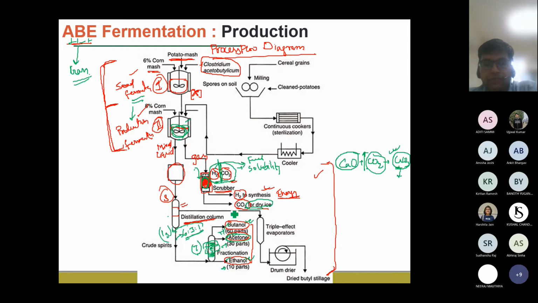Generally, the composition is always varying, and it depends upon the type of fermentation process we are doing, and on the type of microbial species that you are selecting for the production of these alcohols or the acetone.